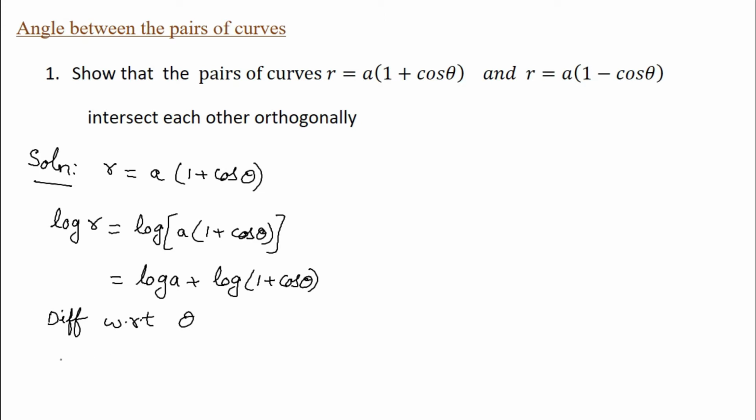Log of r differentiation will be 1 by r into dr by d theta. On the right hand side, log a is a constant, its derivative will be 0, plus log differentiation will be 1 by 1 plus cos of theta, and differentiation of 1 plus cos theta will be minus sine of theta.